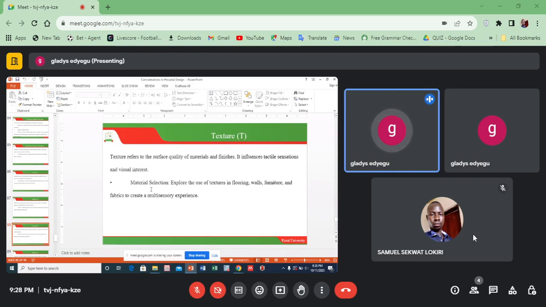Also, when you talk about the quality of other materials, we are talking about maybe timber, or furniture. The furniture that we are using also matters, the texture matters. You cannot bring a chair which is very rough and give it to your patient, no. So the texture of even the furniture matters.